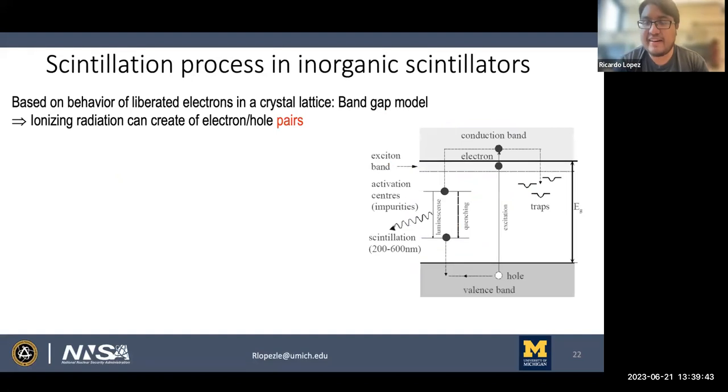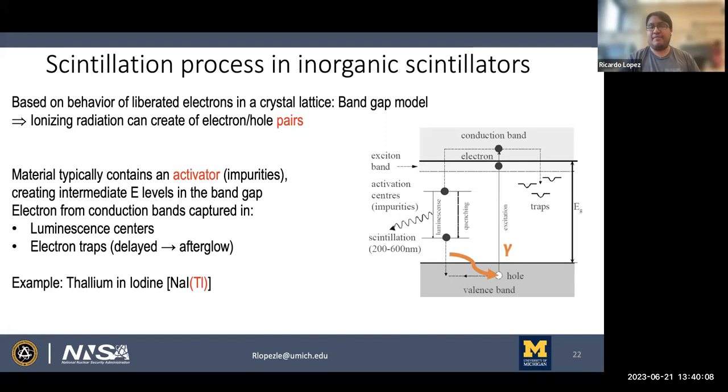With inorganic scintillators, the basic idea is still the same. However, as I mentioned before, the behavior is determined by these electrons in this crystal lattice, and eventually what this ends up meaning is that you follow this kind of band gap model, where the ionizing radiation will create electron-hole pairs within the material, and that's what's actually collected and used for the actual signals.